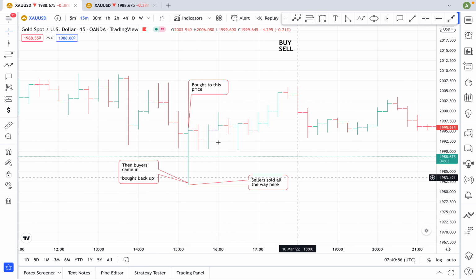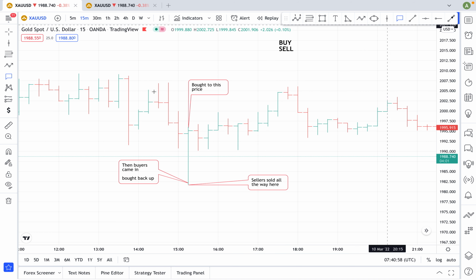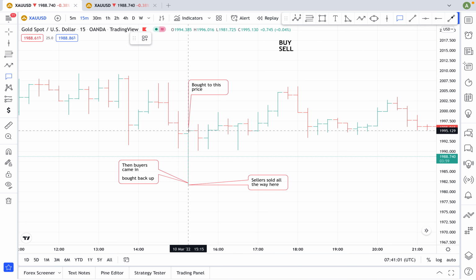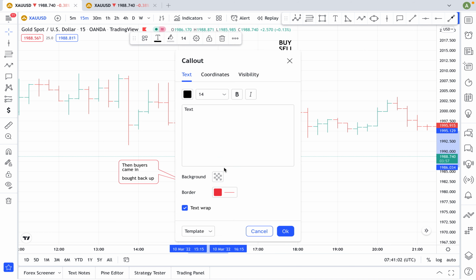Let me widen it. And then sellers started selling again. They sold from the last price.